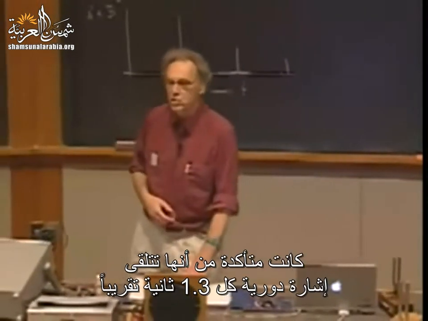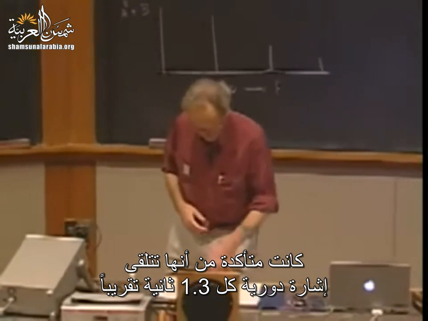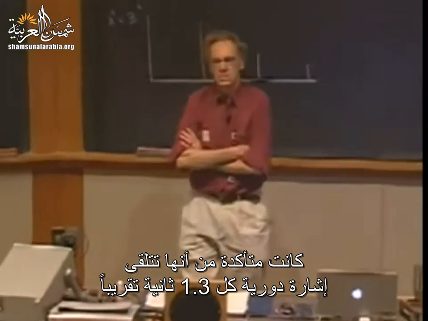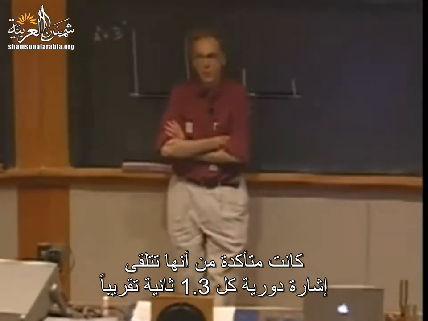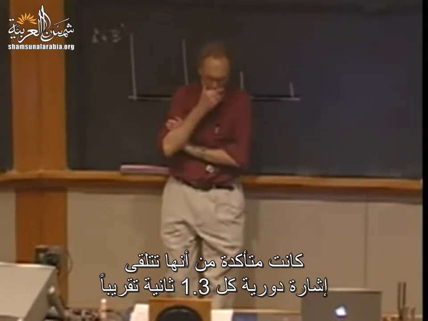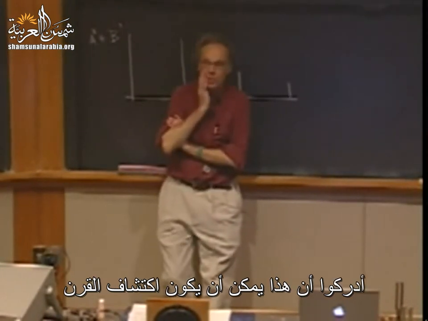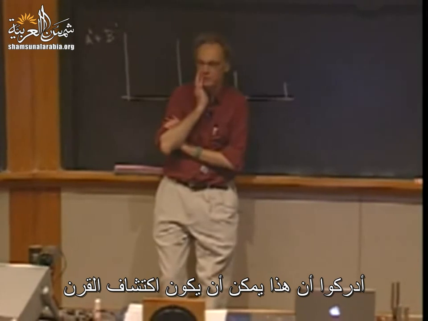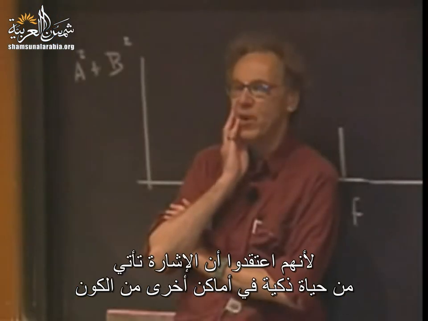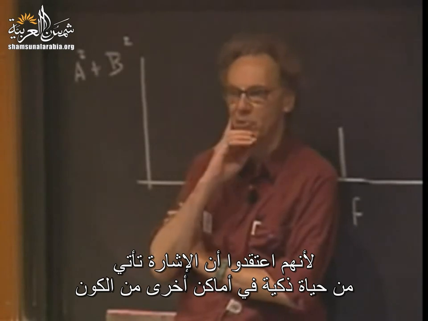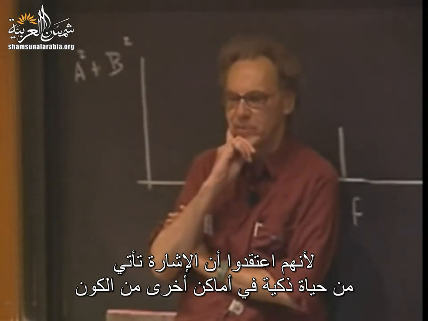And she was sure that she had received a periodic signal which came almost every 1.3 seconds. And they realized that that could have been the discovery of the century, because they thought that they were receiving signals from intelligent life elsewhere in the universe.